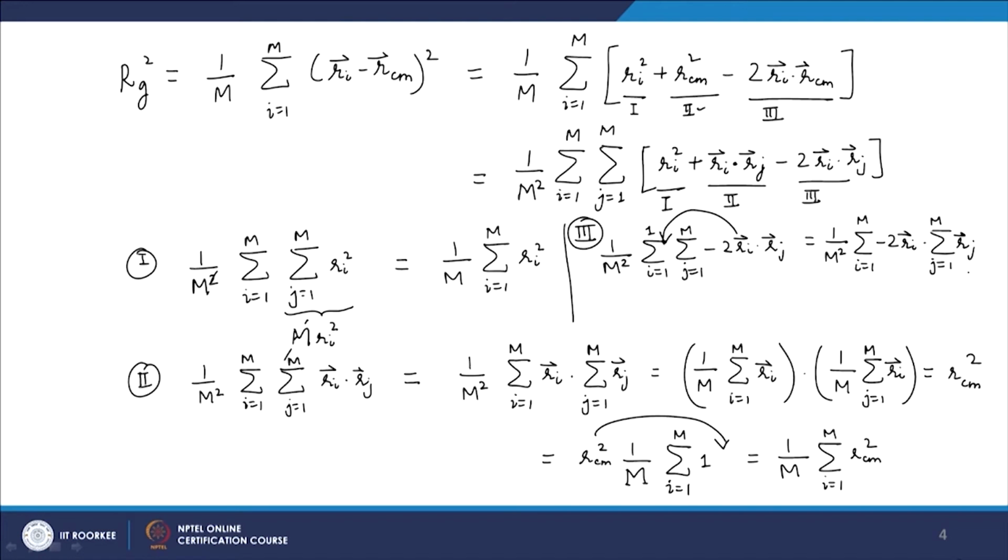If I do 1 by m of what we have here, we get RCM, that is center of mass vector. So, what we get here is, which exactly is what we had earlier.